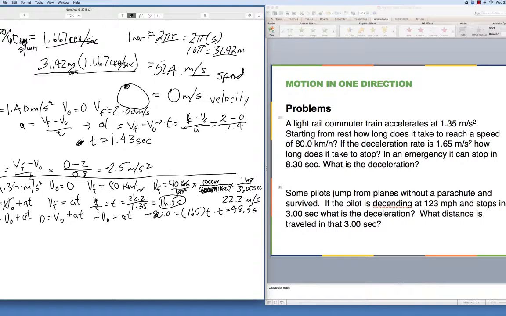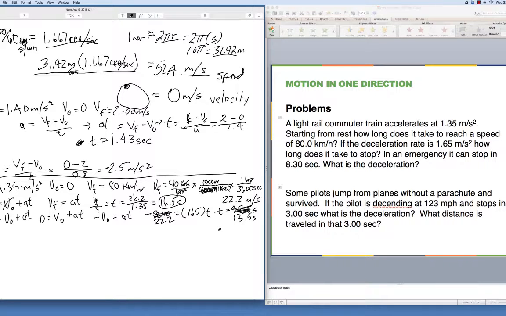Nope, I messed up. I put it in kilometers per hour and it should have been 22.2. So this is incorrect. Let's try that again. Got to make sure your units are right. Okay, so it's 13.5 seconds. Now, how did I know I messed up?